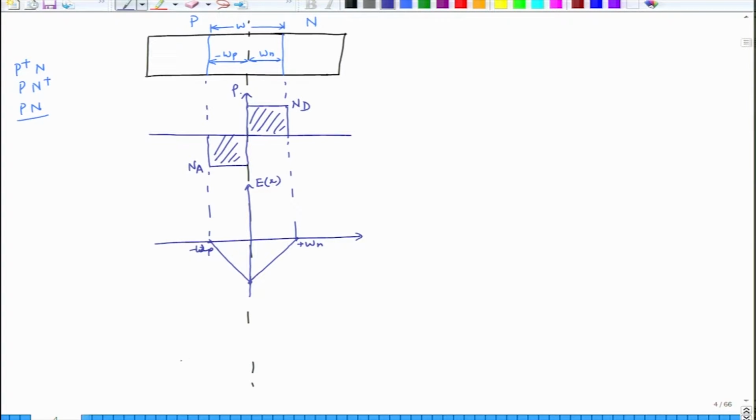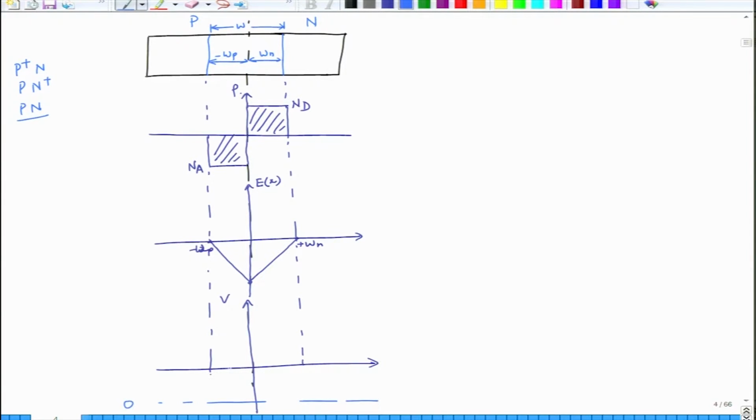Now let us look at the potential, V. Let us say we start from 0 here.